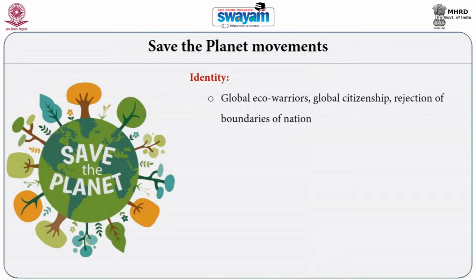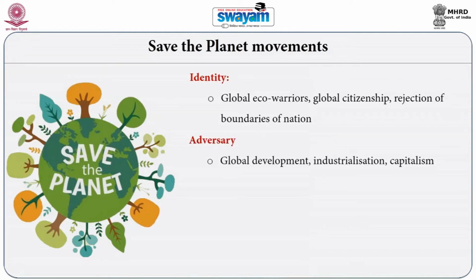So they highlight concepts like global citizenship, and they reject the boundaries of nation. These movements talk about global cooperation, global associations and discussions at the global level, and they consider environmental problems as global problems which can find a solution only through global cooperation.